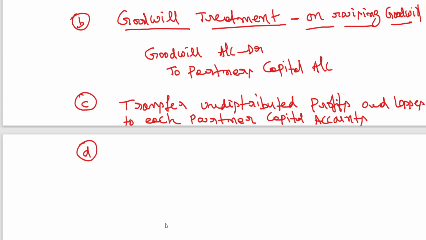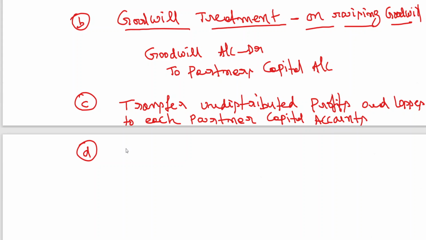It has to be given in the problem as adjustment information. So suppose assets and liabilities are taken over by the partners, if any such information is given, we should write the entry for assets taken over and liabilities taken over.